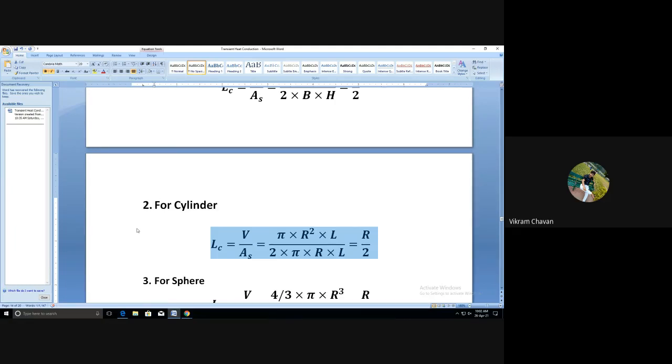So we'll get the characteristic length for cylinder, which is equal to R by 2, that is nothing but half of cylinder radius, LC is equal to R by 2.